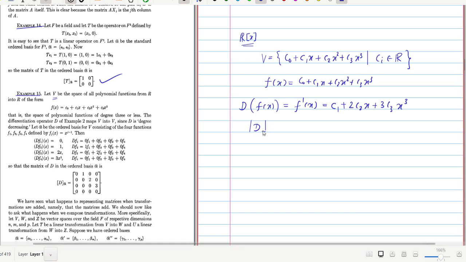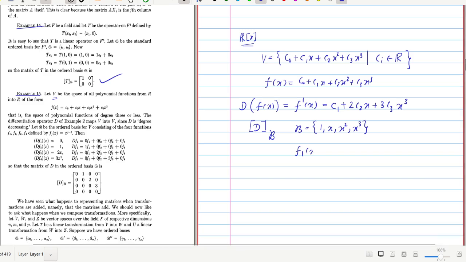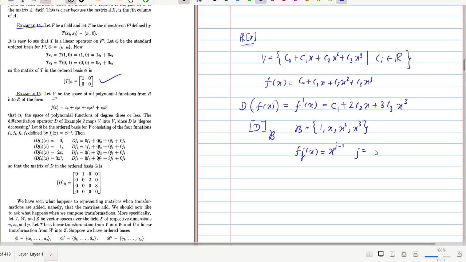The matrix of D with respect to the basis B. What is B? B consists of the polynomials 1, x, x square and x cube. We write fj(x) equal to x raised to j minus 1, where j varies from 1 to 4, so we have 4 polynomials.